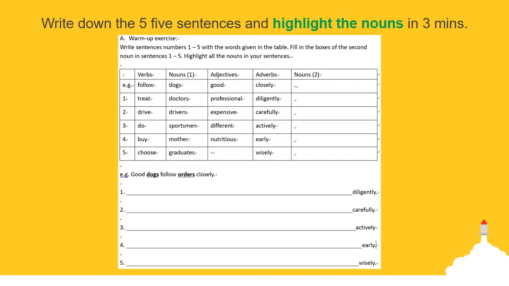In the example sentence, good dogs follow orders closely. You are going to complete sentences number 1 to number 5. After you finish writing these 5 sentences, please also highlight the nouns, the first noun and the second noun in each sentence.